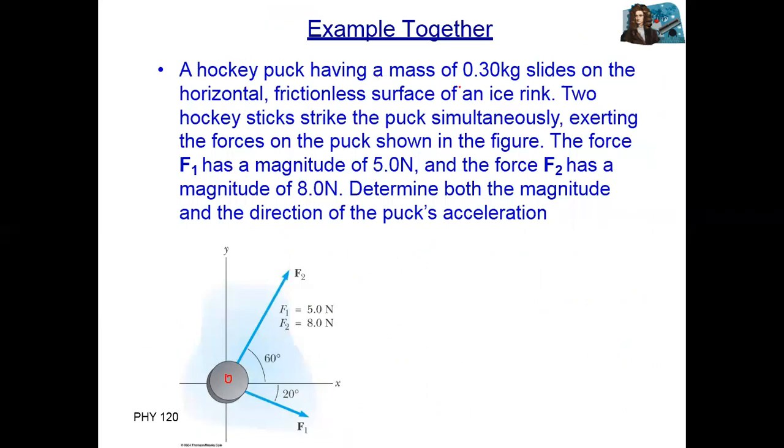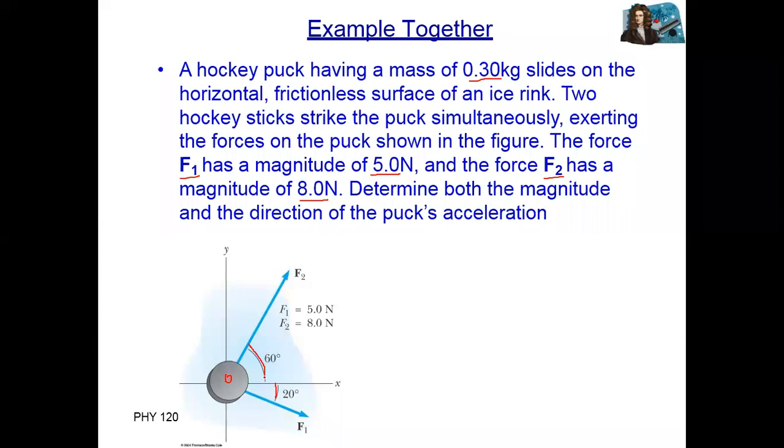A hockey puck having a mass of 0.3 kg slides on a horizontal frictionless surface. Two hockey sticks strike the puck simultaneously, exerting forces on it. The force F1 has a magnitude of 5 Newton, and the force F2 has a magnitude of 8. And you can also see the angles here: 20 degrees and 60 degrees.